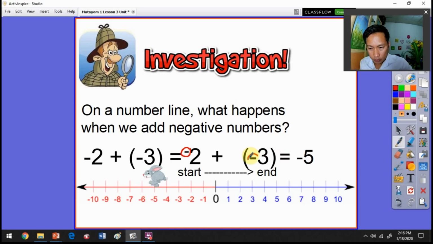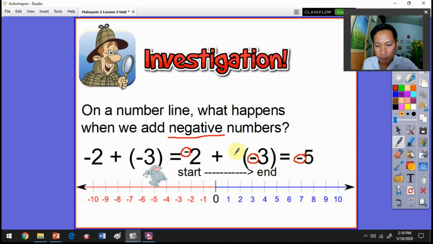Okay, you have a negative 2 and negative 3. Both of them are negative. They end up at negative. 2 plus 3 is 5. So we follow the same pattern as adding positive numbers, but we have to write the negative sign before the number when we add two negative numbers.